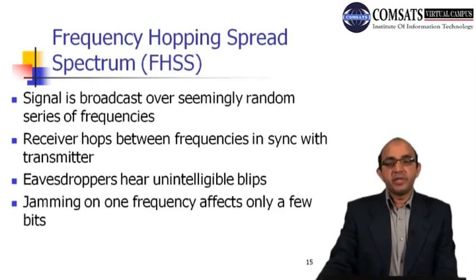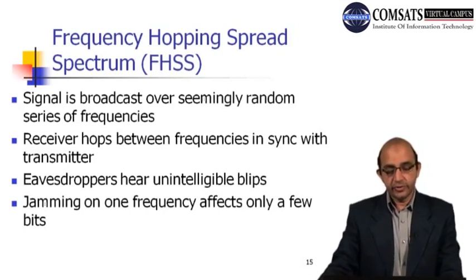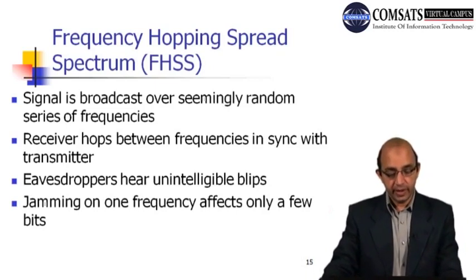As mentioned, when we talk about spread spectrum, we can have 2 different types of techniques. The first one is frequency hopping. The signal is broadcast over a seemingly random series of frequencies. The receiver hops between frequencies in synchronization with the transmitter. So there should be synchronization between receiver and transmitter, and it's very difficult for eavesdroppers and jammers to affect the communication, right?